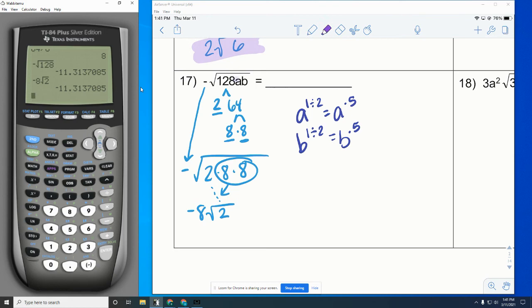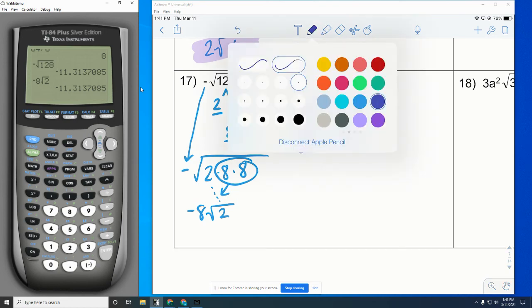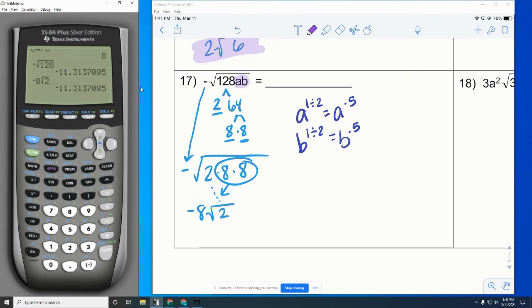So if you notice, because these exponents are 1, there are no groups of 2 for them to go outside of the house with, so they're going to be stuck under there. So the only thing that's coming out is that negative 8, and then we have a 2, a, and a b. Remember, the 0.5 just tells us we leave 1 under the square root because we don't have a full group of 2.